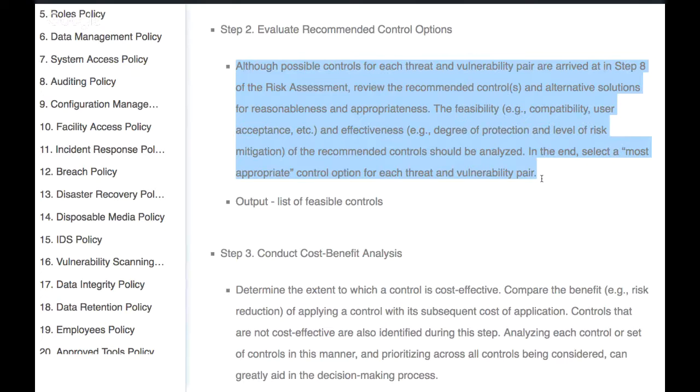The feasibility, for example, compatibility, user acceptance, etc., and effectiveness, degree of protection and level of risk mitigation of the recommended controls should be analyzed. In the end, select a most appropriate control option for each threat and vulnerability pair. Output, list of feasible controls.